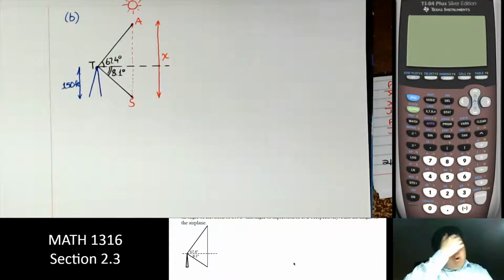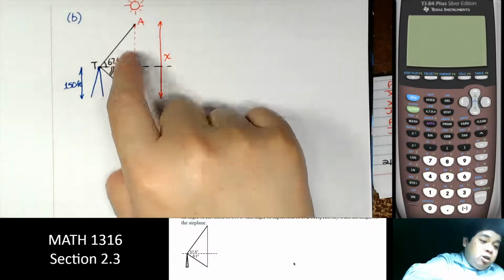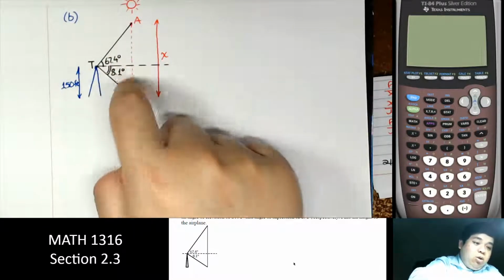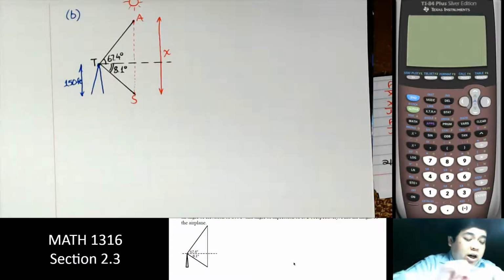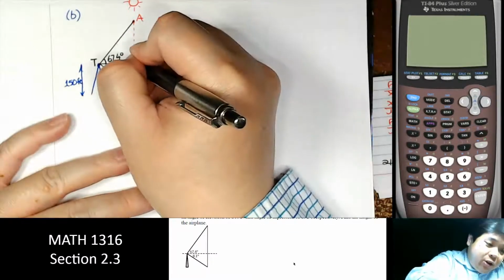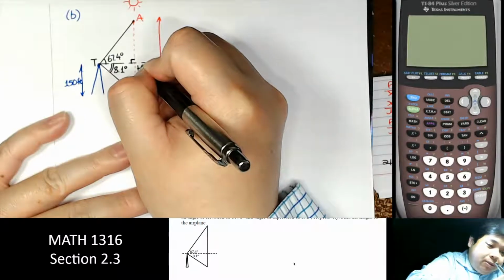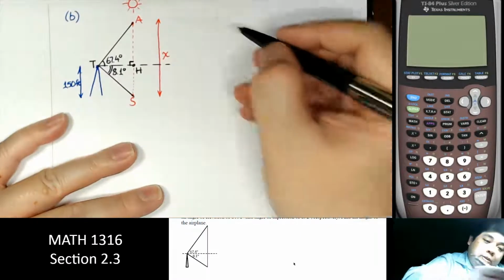Right. First of all, when we look at this 67.4 and 8.1, this is not the right angle, so we're not going to use that right angle. The right triangles we have: let's say this point is H. So we have two triangles.